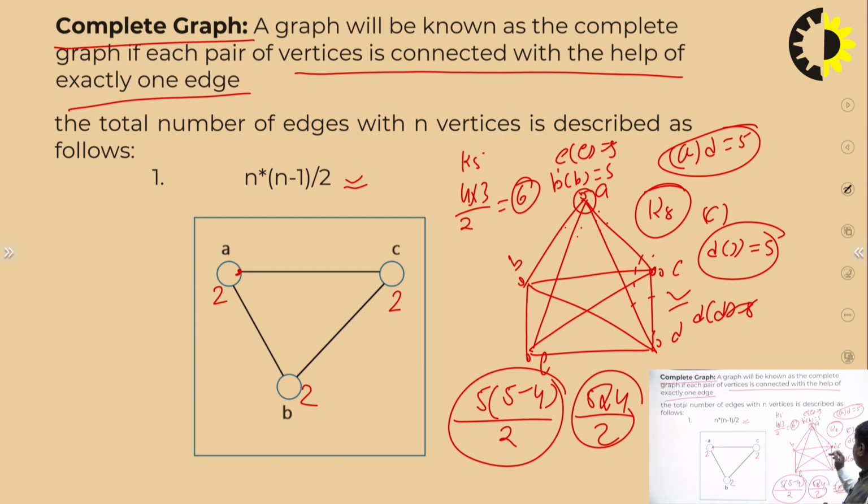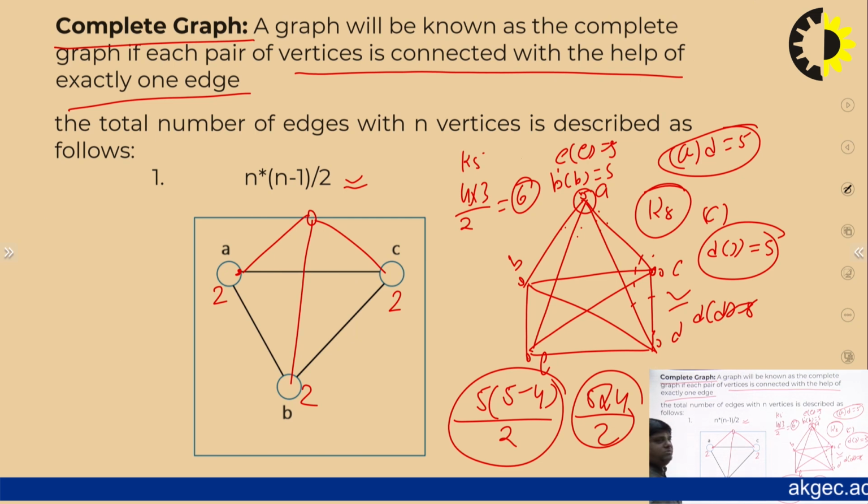Here 5, 5, 5, 5, here 2, 2, 2, and we are taking another graph. Now the degree of this one is 3. The degree of the complete graph is 3, and all the nodes have equal degree.